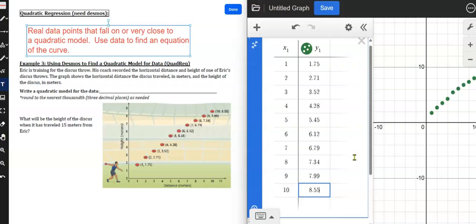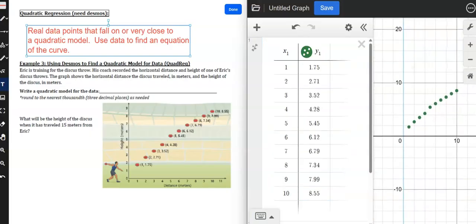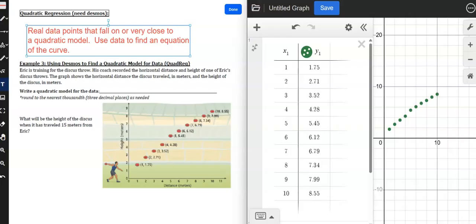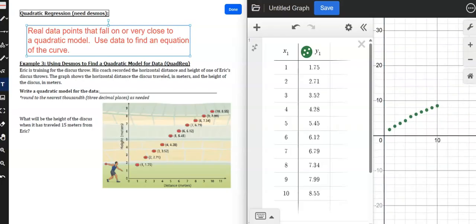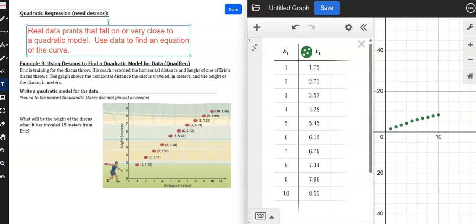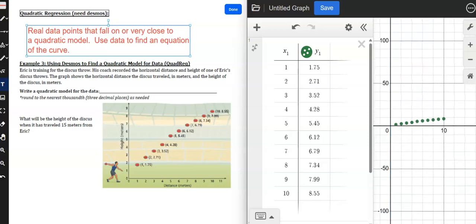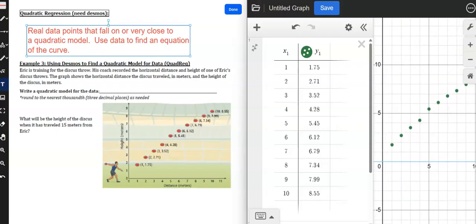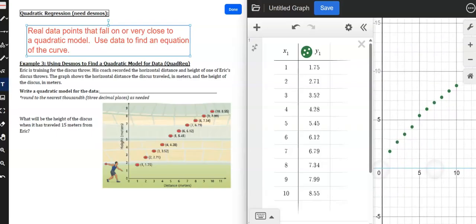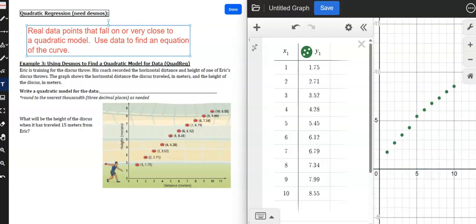So you can see on my Desmos that it is graphing these things, and I do get what looks like a curve. Some people might say, oh, that looks like a straight line to me. But if you stretch it out a little bit, you see, no, it kind of has a curve shape to it.